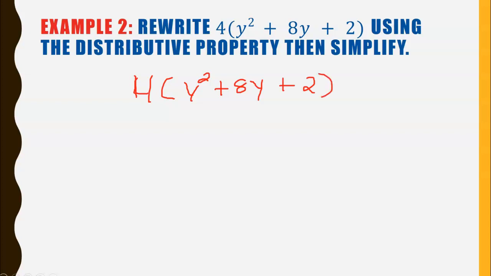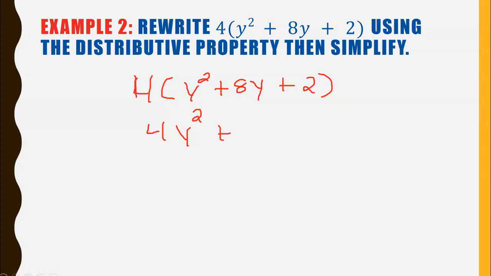Yep. And then what would your next step be? So if we have this, what do we do next? Yeah, so you're going to take the 4 and you're going to multiply it to each term. Got it?